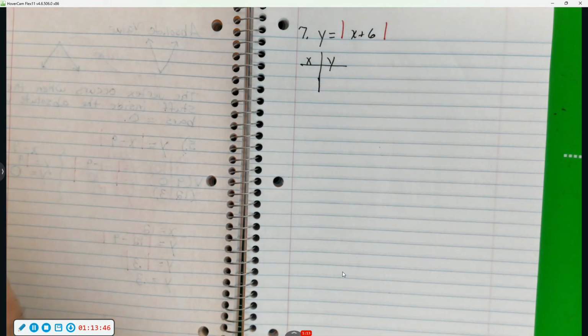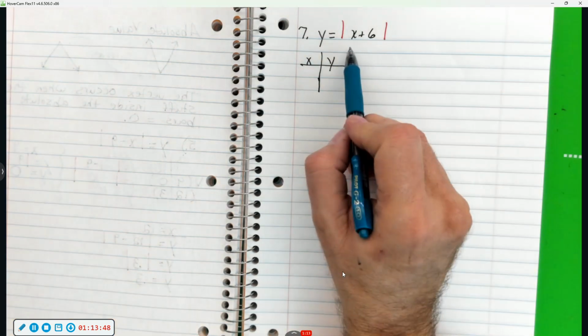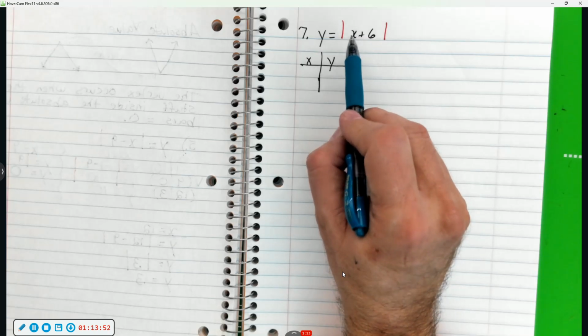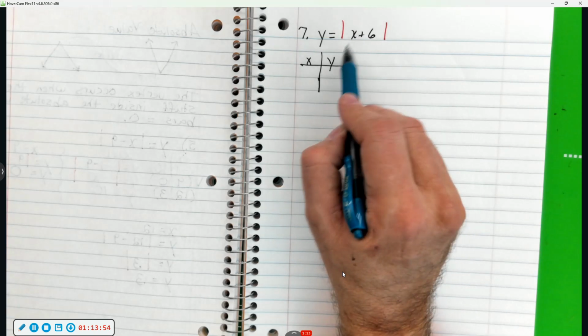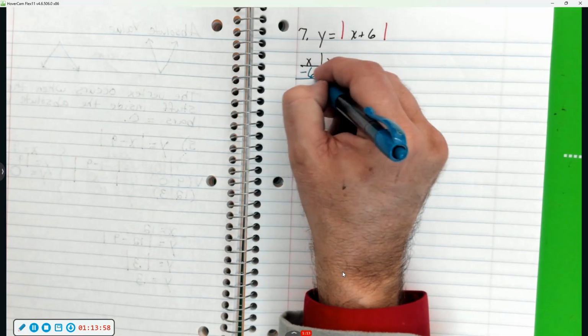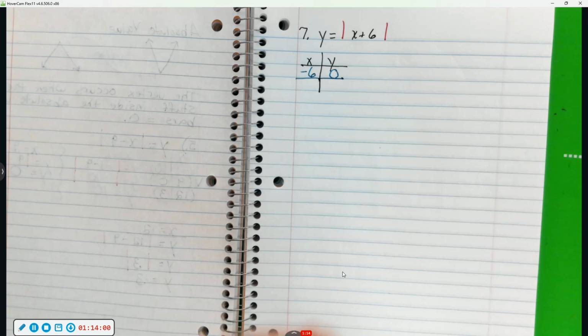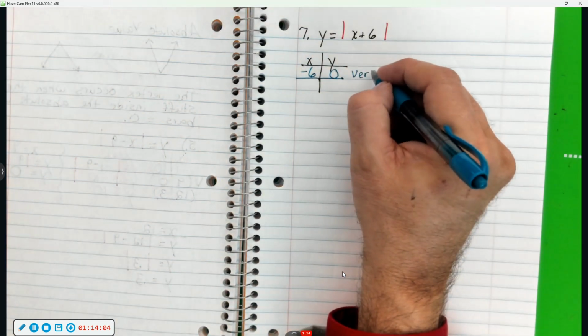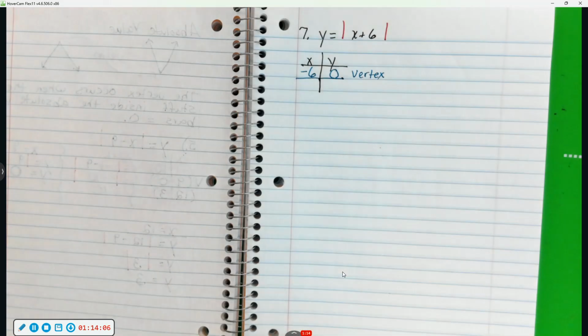What x value would give us a 0 inside these absolute value bars? Negative 6. Negative 6 is the x value that would give you a 0. Okay. That's the vertex, and that's got to be the first point you plot.